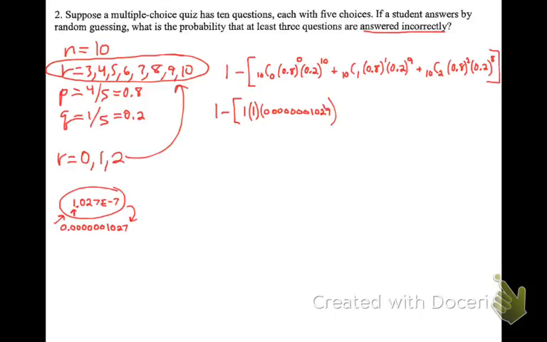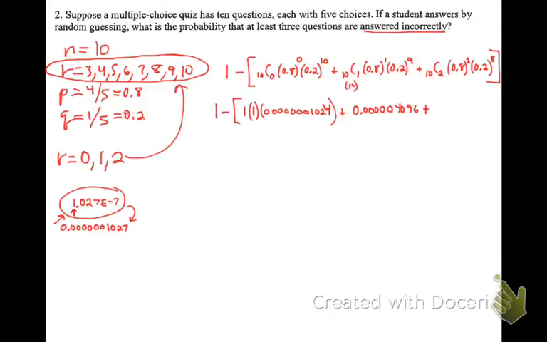And then we're going to add that to the next probability, which is going to be 10. Now, if you type that in your calculator, 10 times 0.8 to the first times 0.2 to the 9th, you will get 0.000004096.